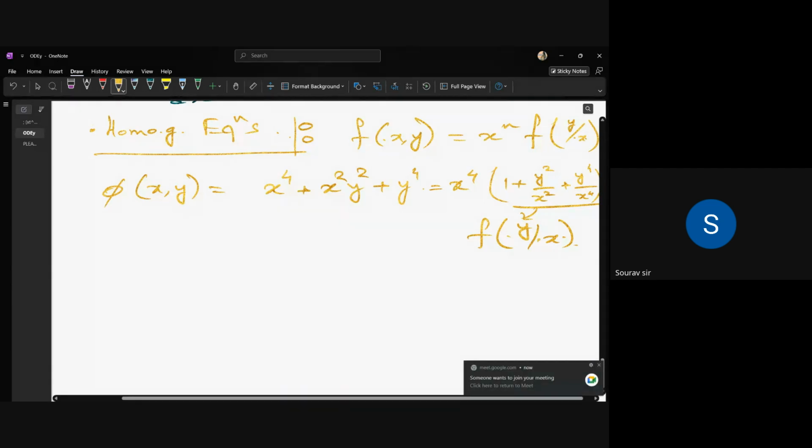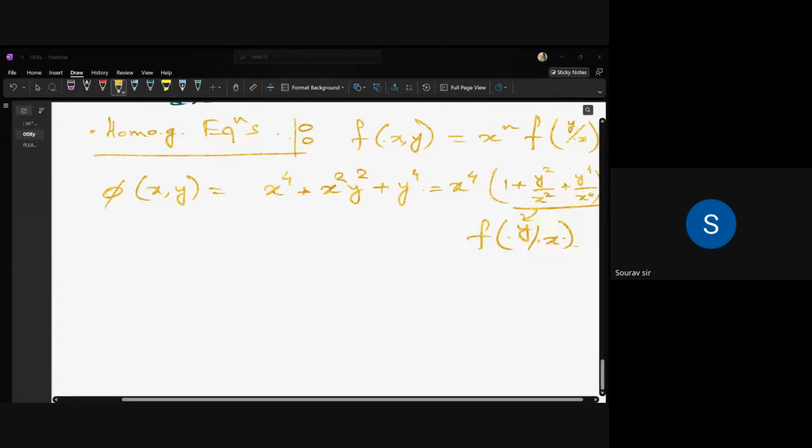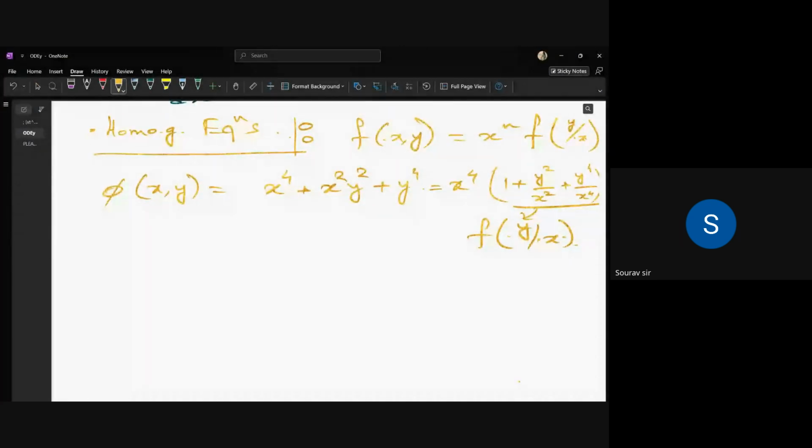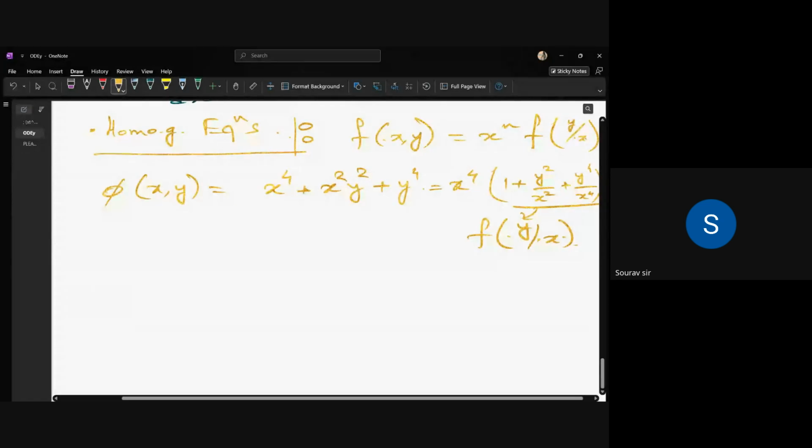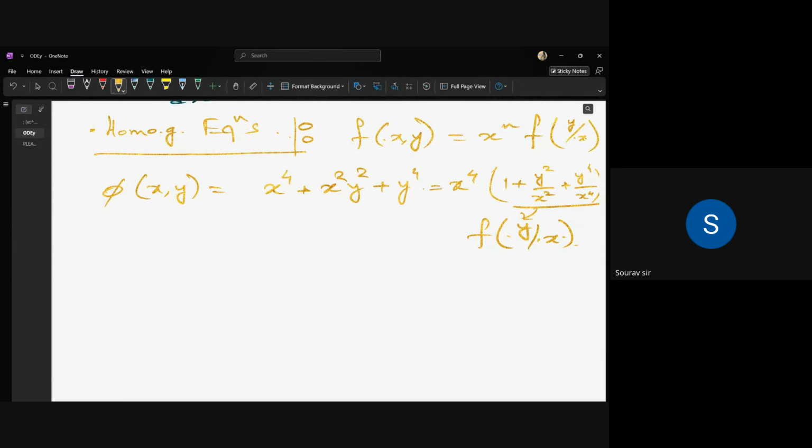So this is a homogeneous function, and this is an example of a homogeneous function.